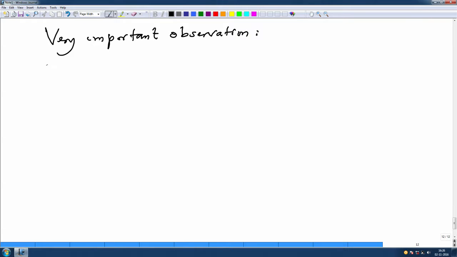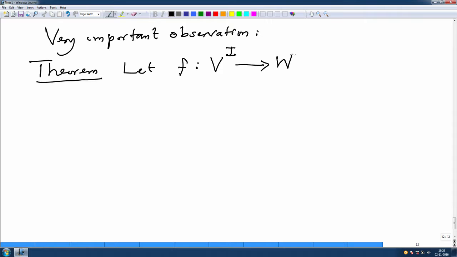The following theorem: let f from V power I to W be an alternating I multilinear map.